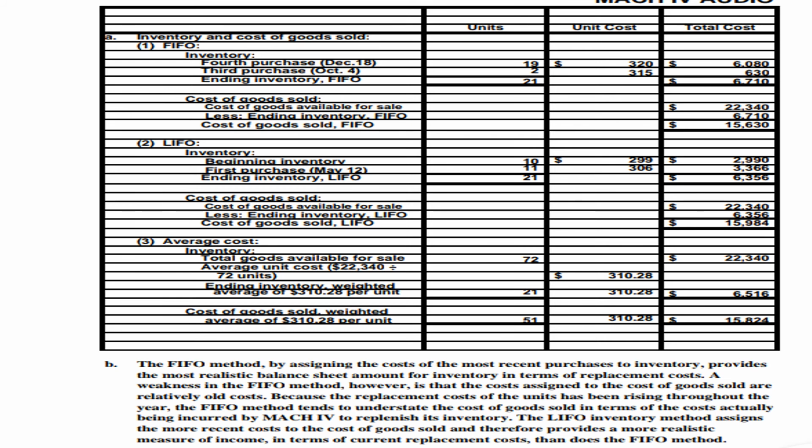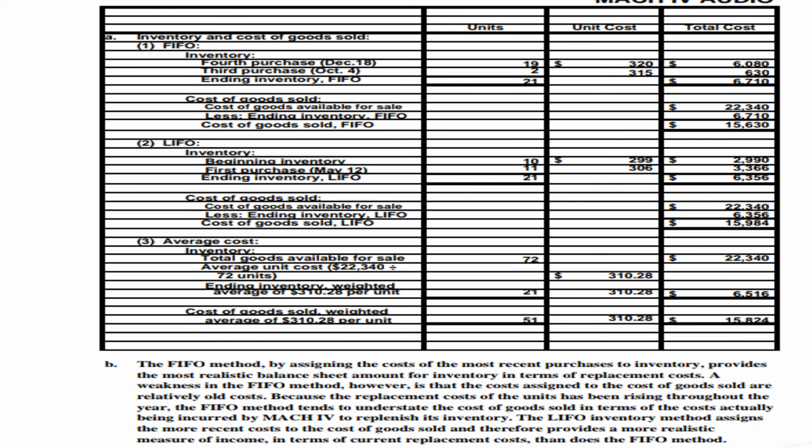Beginning inventory, we have 10 units, purchased at a cost of 299 per unit, and the first purchase was done on 12th May. By considering the value, for beginning inventory we have 2,990, and from the first purchase on May 12th, it is 3,366.